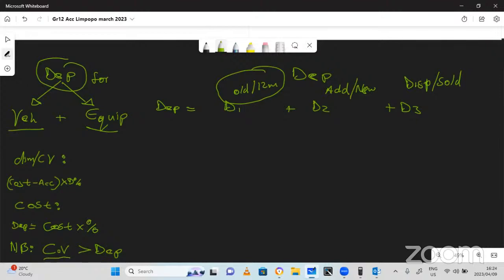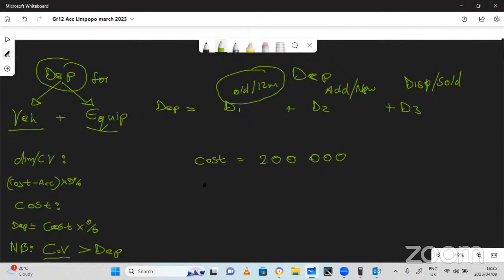Remember, there's no asset that can be fully depreciated and have no value. Let's make an example. You bought a car for 200,000 rand. This is the cost price of the car.